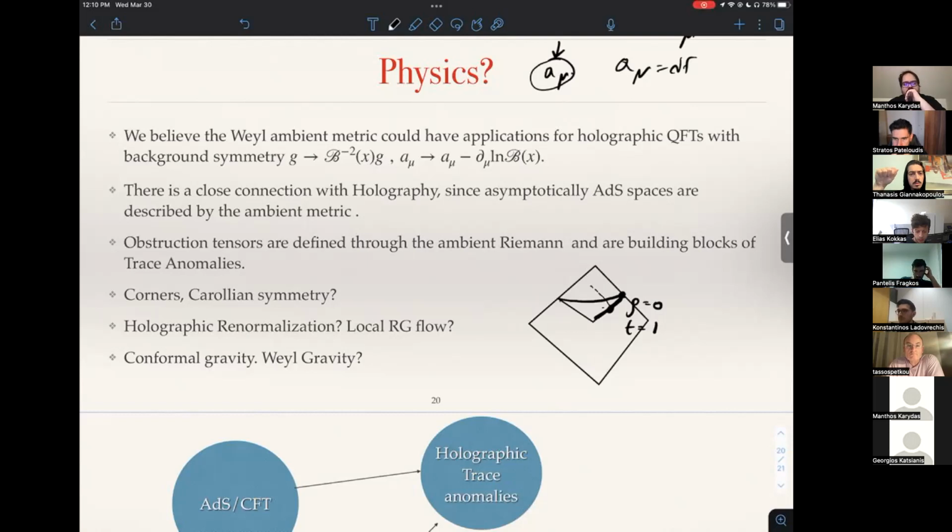It won't be at infinity. That's what I'm trying to say. It will be at a finite distance in the bulk, some codimension 2 surface inside. How it connects to the asymptotic symmetries, I don't know, but there might be a way to connect. Okay. Good. Thanks.